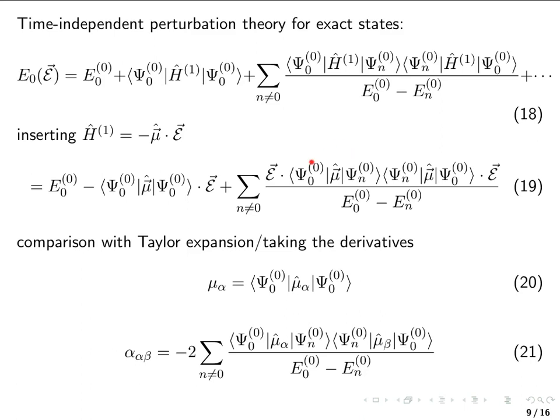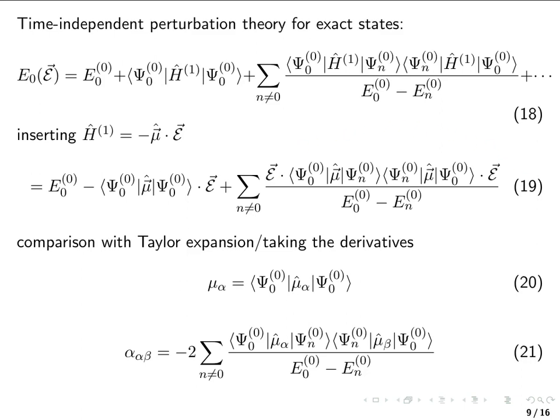And here we have integrals with the dipole moment operator now with the unperturbed ground state and other unperturbed states. Now if we take the derivatives of this here, we can see that obviously we get back what we knew already, that we can calculate the component of the dipole moment as the expectation value of the dipole moment operator.